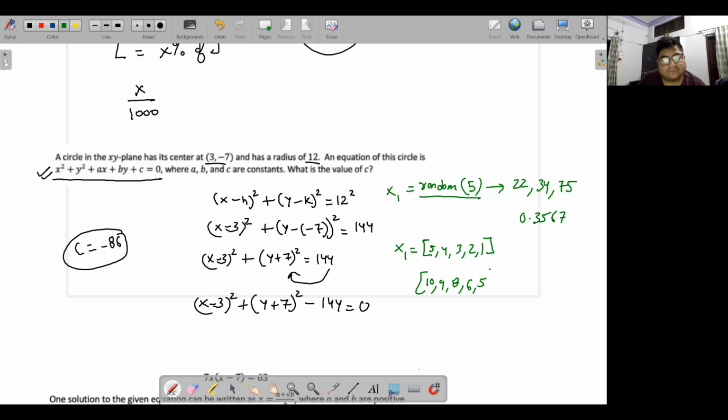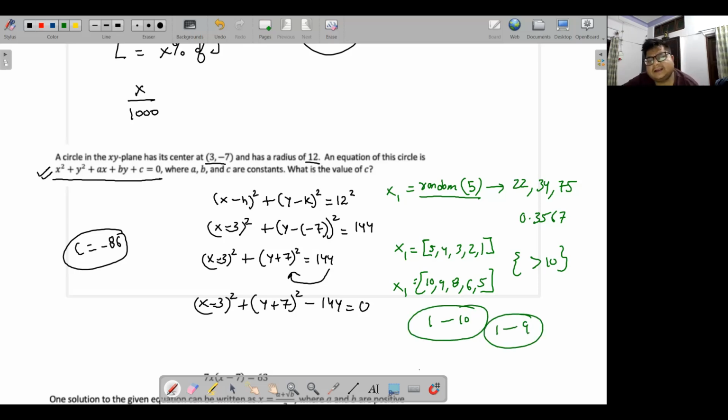But every time I prefer, do not go greater than 10. Take 1 to 10 only, or 1 to 9. Do not take many more values. Like you can take 1, 2, 3, 4, 5, 6, 7, 8, 9.